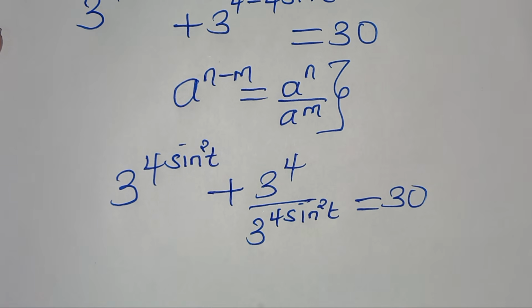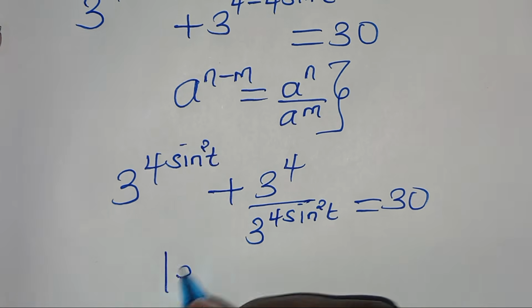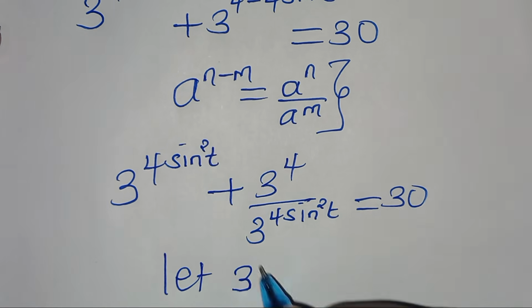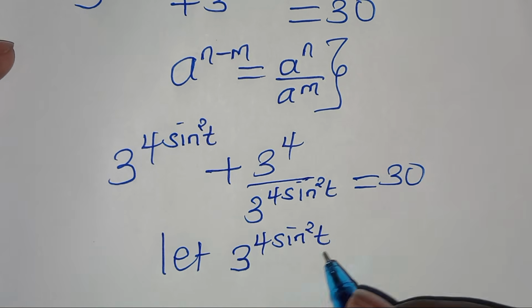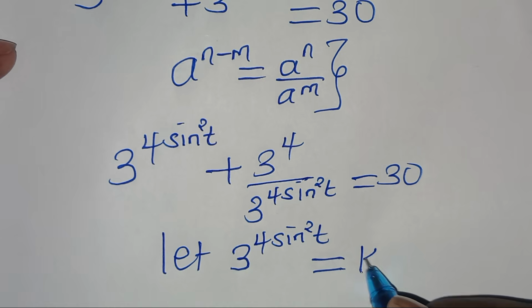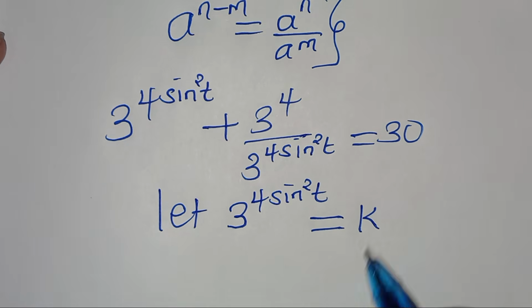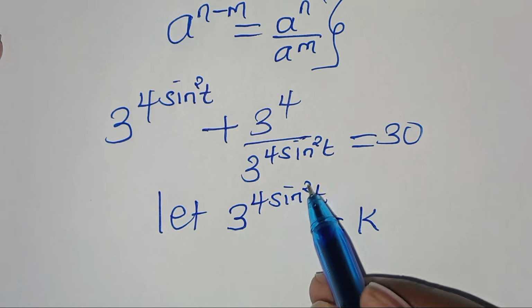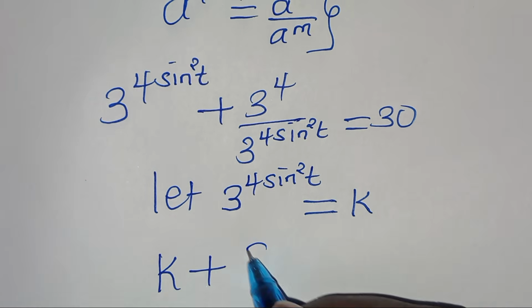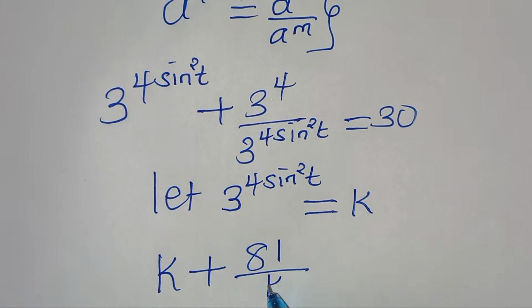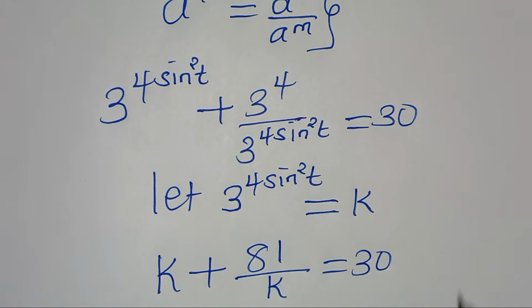Now we have that 3 to the power of 4 sine squared t is common here, so let 3 to the power of 4 sine squared t be equal to k. Let's substitute k where we have 3 to the power of 4 sine squared t. So this is k plus 3 to the power of 4, this is 81, divided by k, equal to 30.